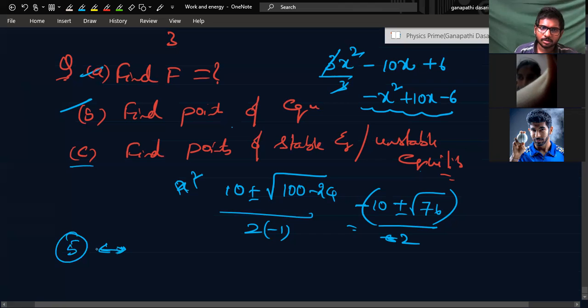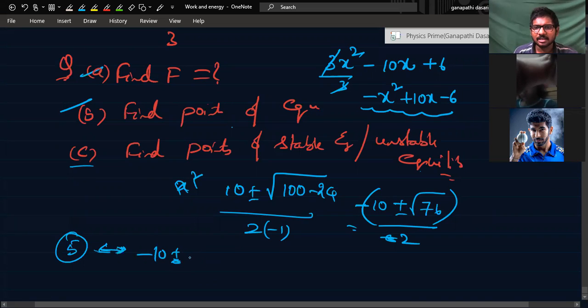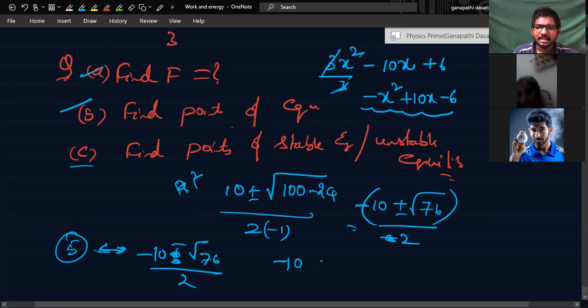That's why I did not do it. Maybe I might be wrong. No, you got the roots right. Minus 10 minus root 76 by 2 is one root, and minus 10 plus root 76 by 2 is another root.